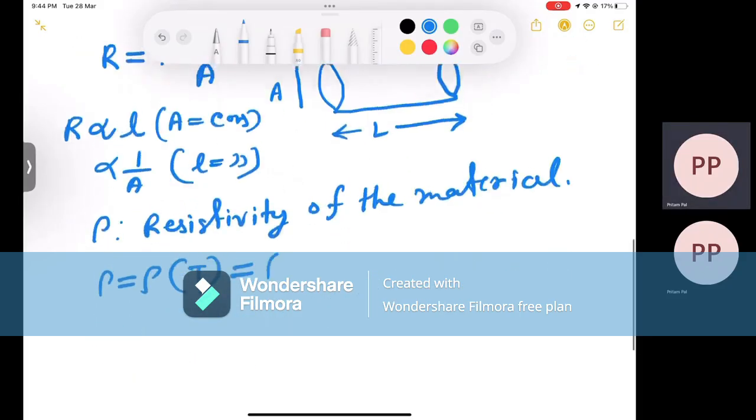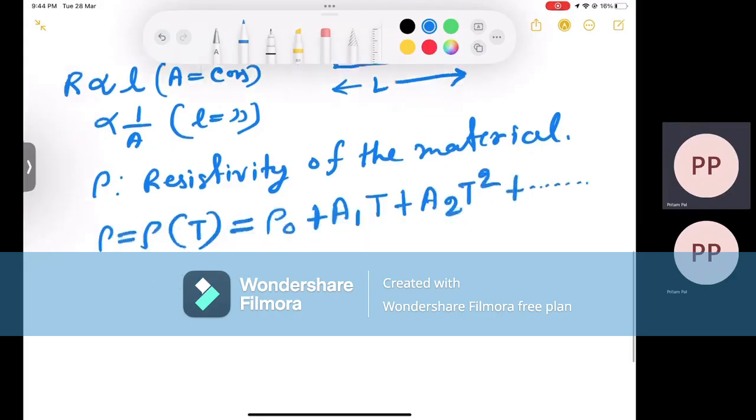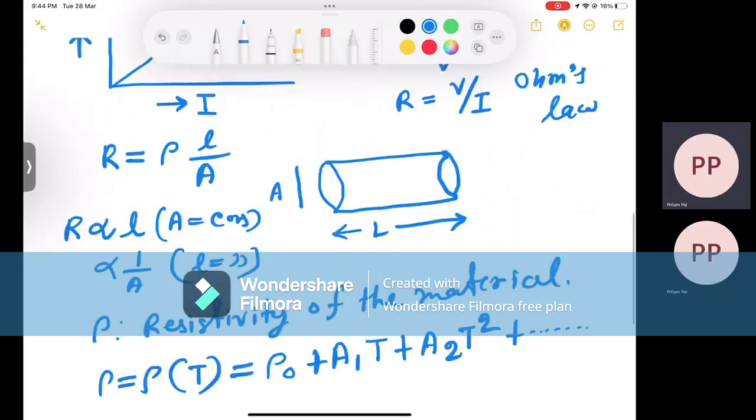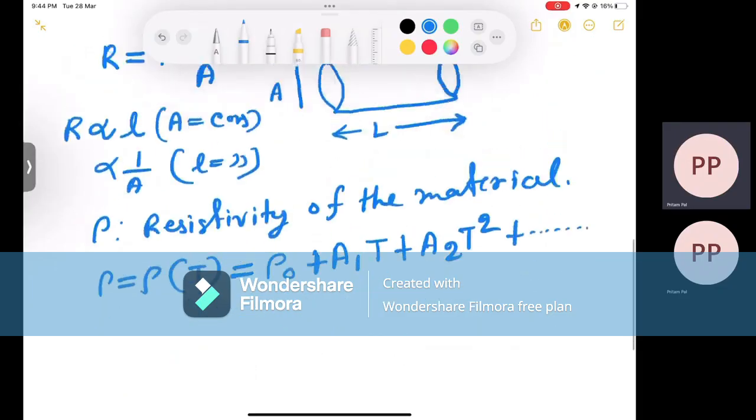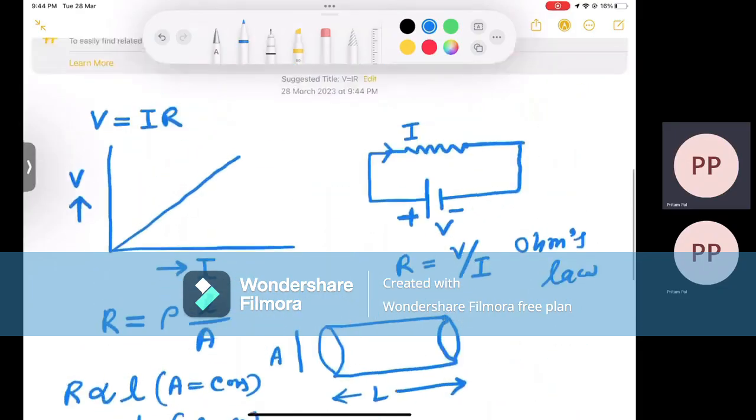It's like a power series expansion we can do: one term in T, and then rho naught, and simply T square. So this is the resistivity. It depends mainly on the temperature of a material. Otherwise, it remains constant for a fixed material.